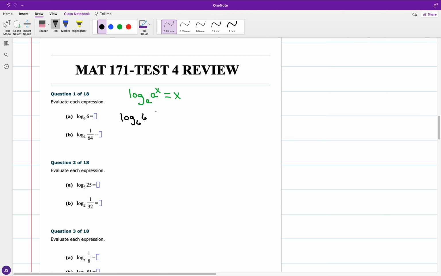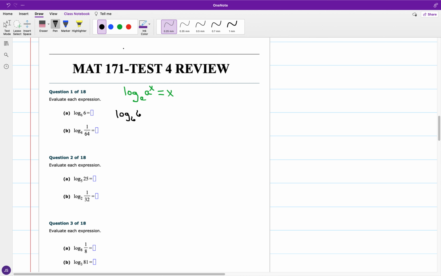We already have a match between the exponential and logarithmic bases. So a is 6, and in terms of what x will be, if we have just 6, implicitly 6 is to the first degree. So the base 6 logarithm of 6 is the same as the base 6 logarithm of 6 to the first, and that is equal to 1.